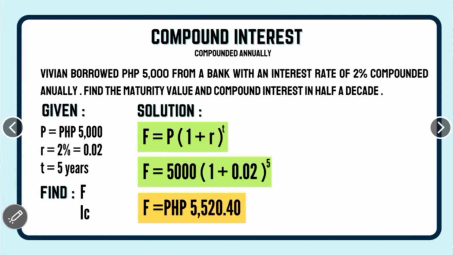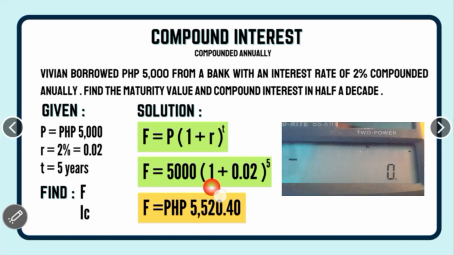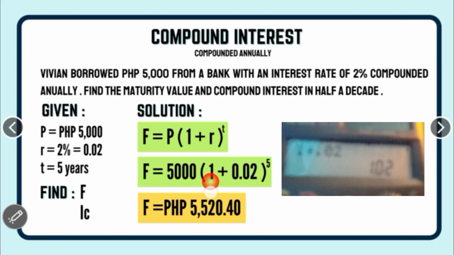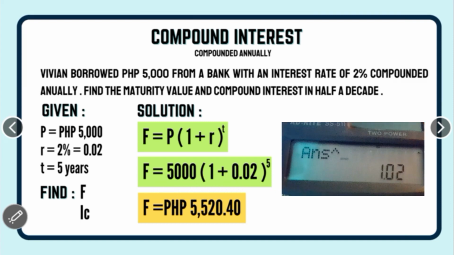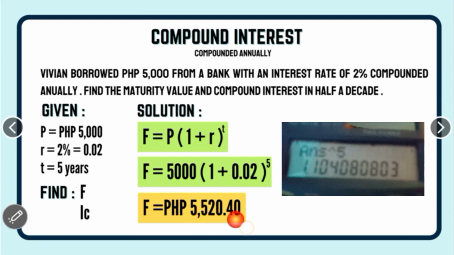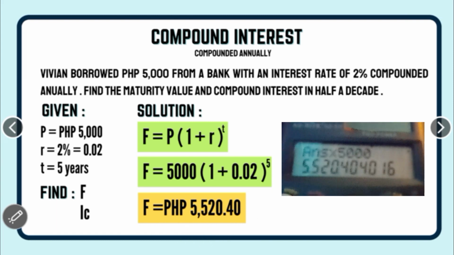To find future value, we need to multiply present value to the quantity of 1 plus R raised to T. So, we just need to substitute the values. So, 1 plus 0.02 raised to 5 multiplied by 5,000 is equal to 5,520.40, and that is our future value.